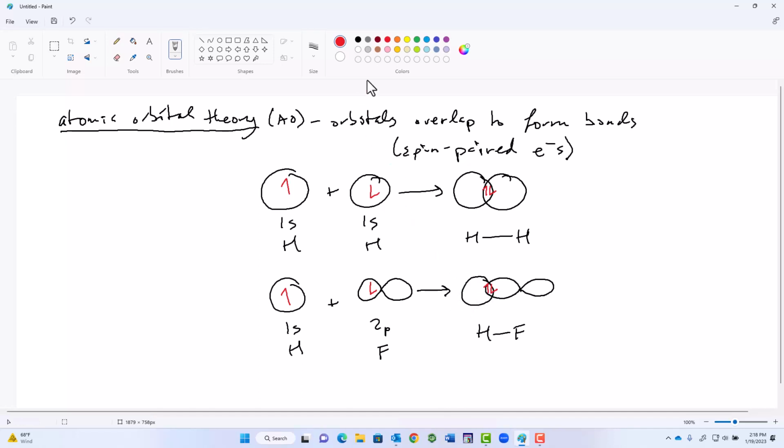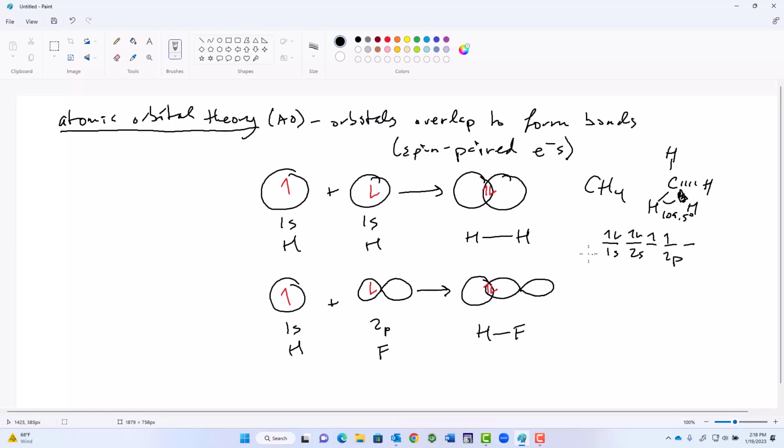Atomic orbital theory, however, breaks down when we look at molecules like CH4. CH4 is carbon bonded to 4 different hydrogens, and we know from Gen Chem that the geometry of CH4 is tetrahedral, with the bond angle being 109.5 degrees. If we look at the electron orbital diagram of carbon, we have 1s2, 2s2, 2p2.